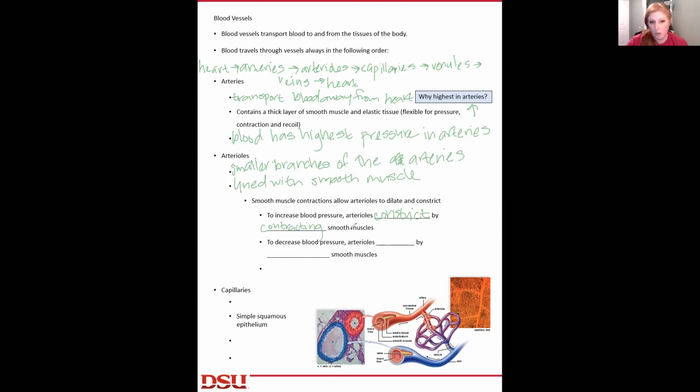So if we want the pressure to go up, we basically have to decrease the size of the opening through which the blood is being forced, okay? Well, let me finish and I'll give you an example. Okay, and then to decrease the blood pressure, the arterioles have to dilate by relaxing the smooth muscles.